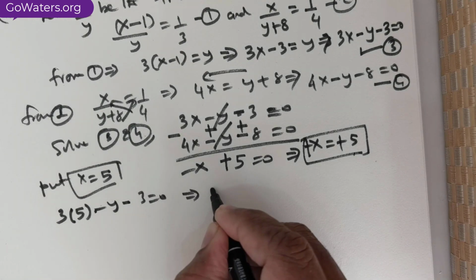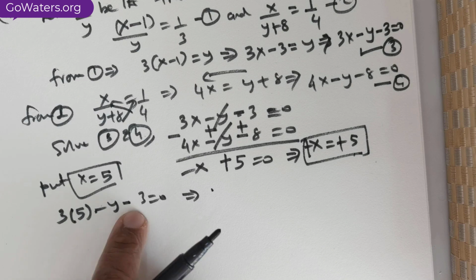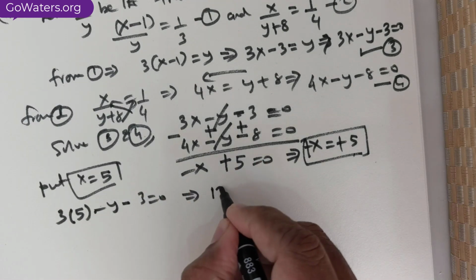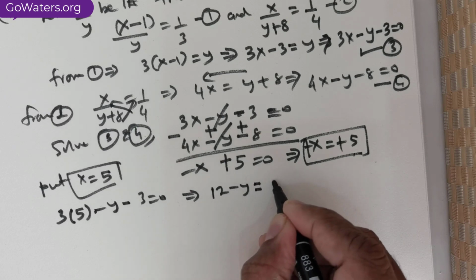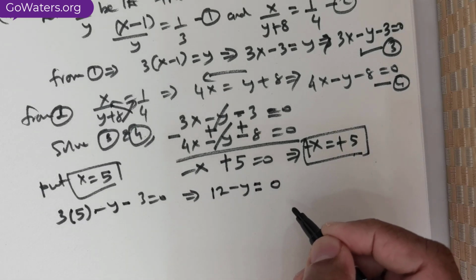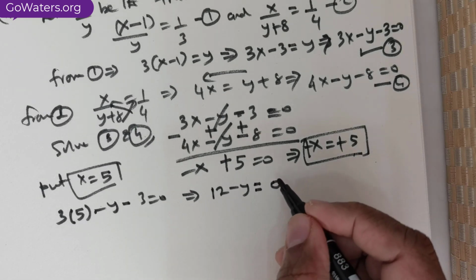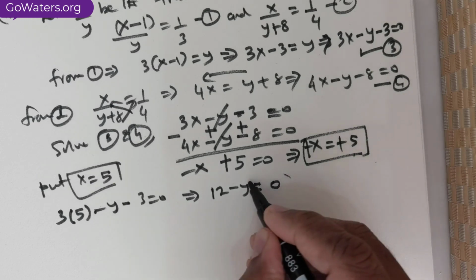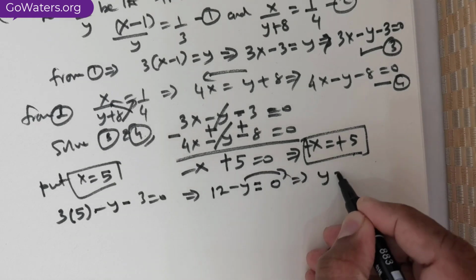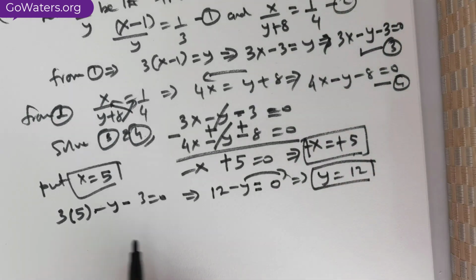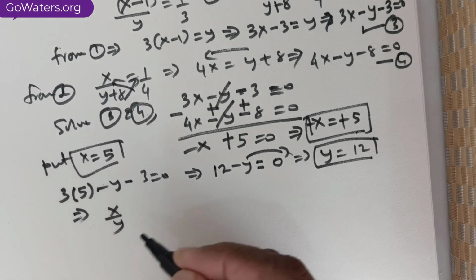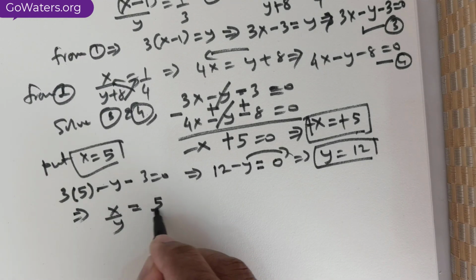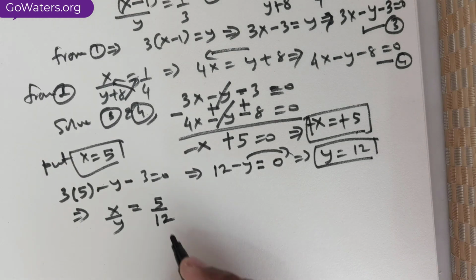So this means you got 3 times 5 is 15, 15 negative 3 is 12, so 12 negative Y is equal to 0, and you can actually move Y to the other side, so this would mean Y is equal to 12. Now the fraction, so we have taken the fraction to be X over Y, so this means X over Y is equal to 5 divided by 12.